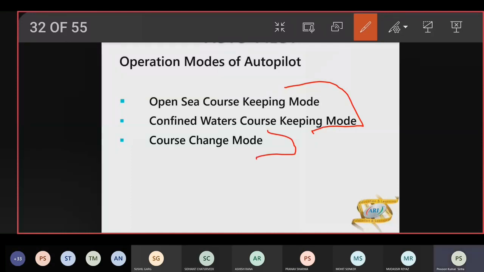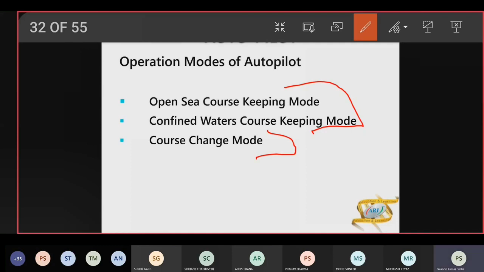These are the two modes in which the autopilot system can be utilized. As the name indicates, course keeping mode is when you want to go on a straight course and the steering has to be just about maintaining the course. You're going straight. We have already seen how it is going to work: PID system, adaptive system, all that we have seen already.